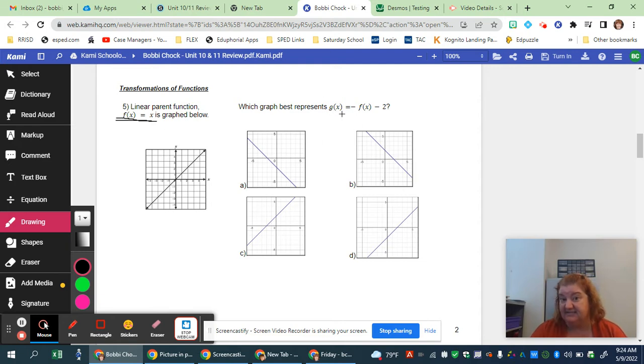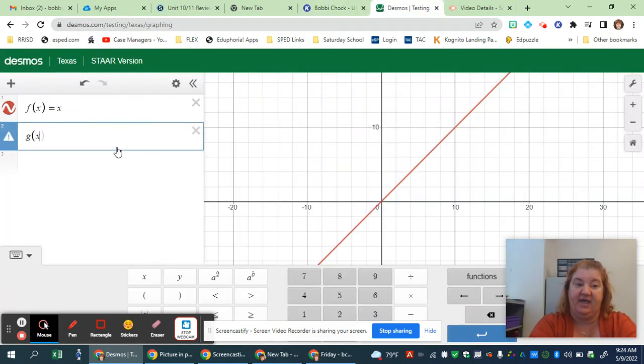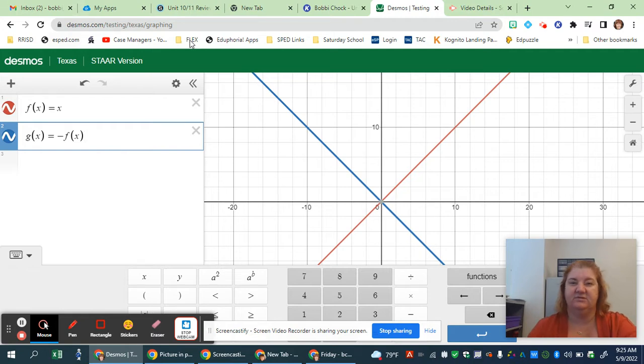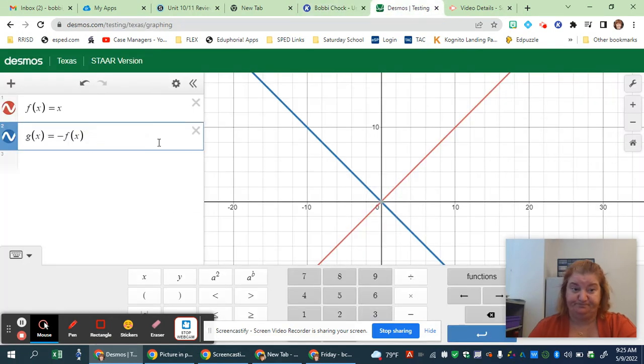So g of x equals negative f of x minus 2.